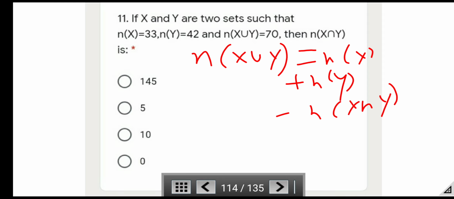Using this formula, we get n(x intersection y) is equal to 5.